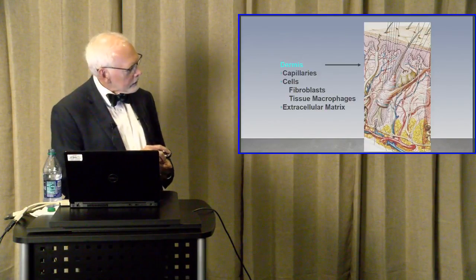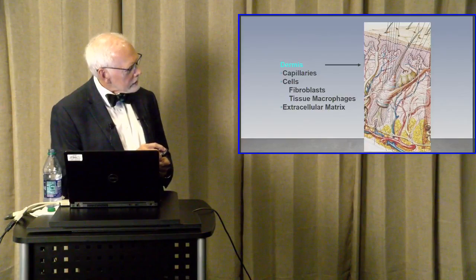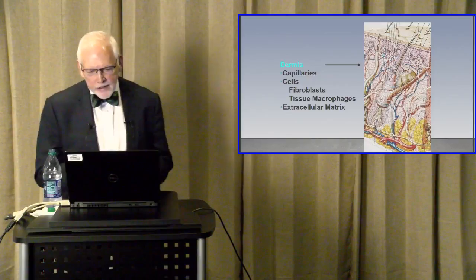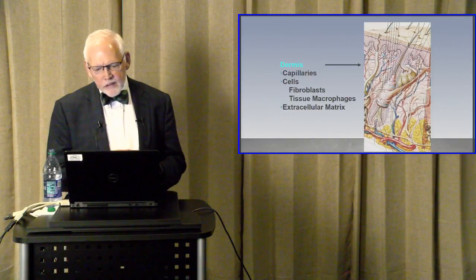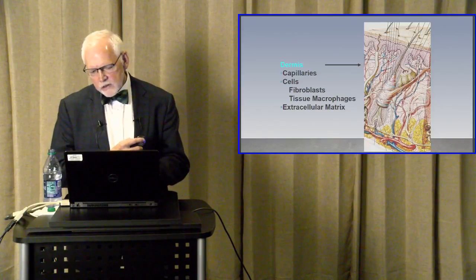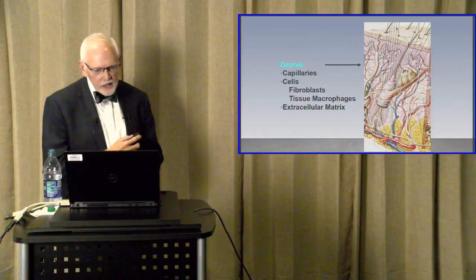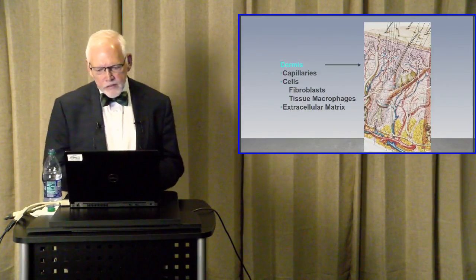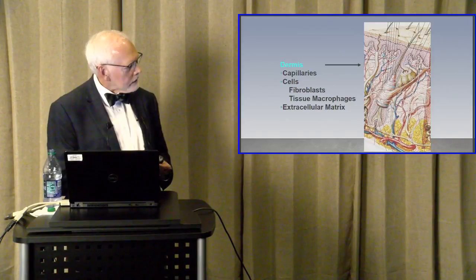One cool thing about this is that there are epithelial cells down into the hair follicle, and you can regenerate epithelium from there if the hair follicle is still there. There are venules, there are arterioles, there are fibroblasts and tissue macrophages, and the ECM, which is sort of what's left over after the other organs or organelles have been accounted for.